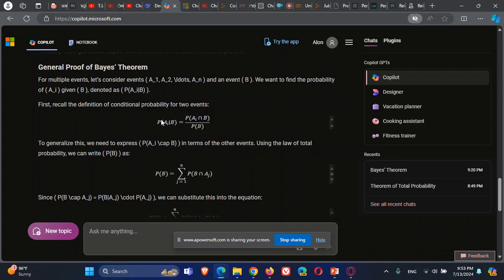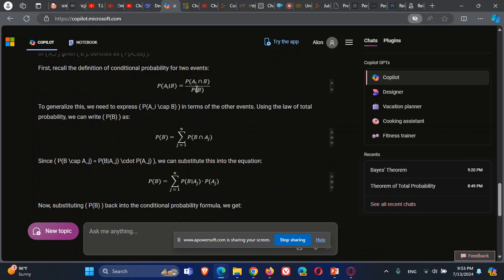By definition, the conditional probability of A_i given B is the probability of the intersection of A_i and B divided by the probability of B. Also, by the law of total probability, we can define the probability of B to be the sum of the probabilities of the intersection between B and A_j, where we run over all A_j and take the sum.